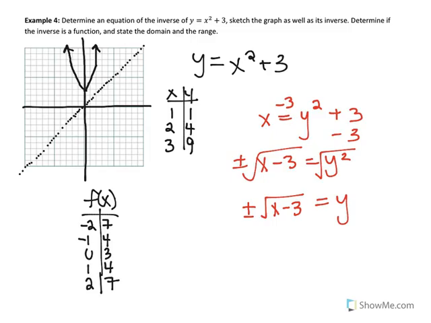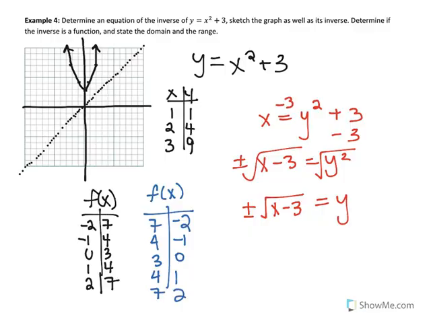And I literally just got that from looking at the points we plotted here and here. To find our inverse function, so f of y, we're going to just flip the spots, so 7 and -2, 4 and -1, 3 and 0, 4 and 1, 7 and 2.